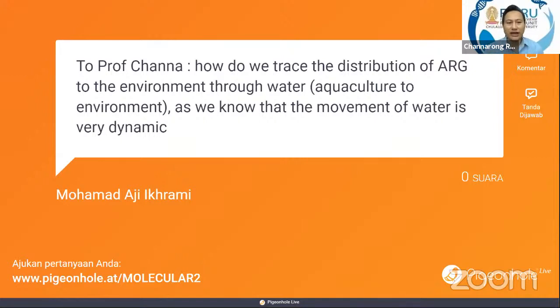We can concentrate it and extract it, and then use it to study microbiomes or antimicrobial resistant genes in the DNA that we extract from the environment and water. Yeah, of course, we can do it. It is the same step as for bacteria that we isolated from animal tissue.